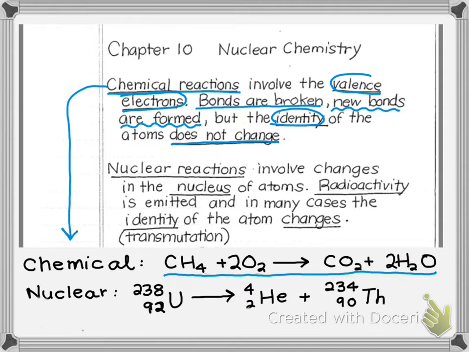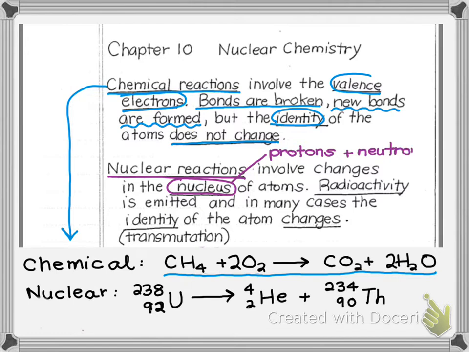Nuclear reactions, as the name might imply, involve changes in the nucleus. Recall that the nucleus of the atom contains both protons and neutrons. The protons are what give the identity to the atom.